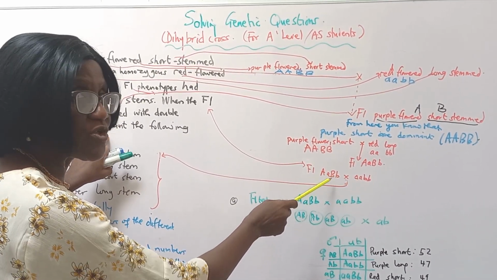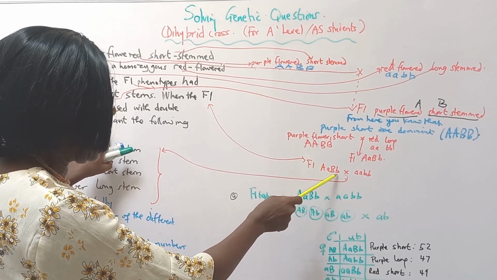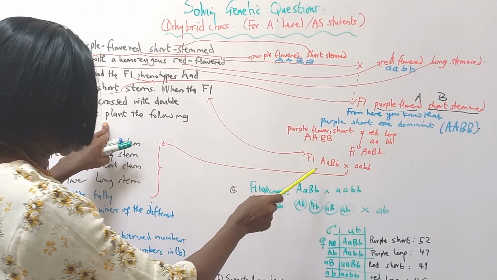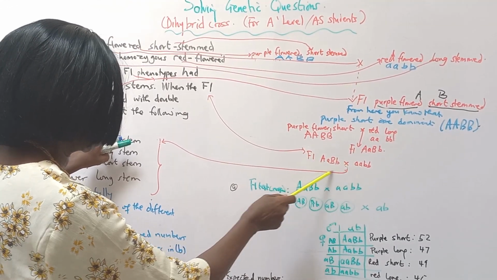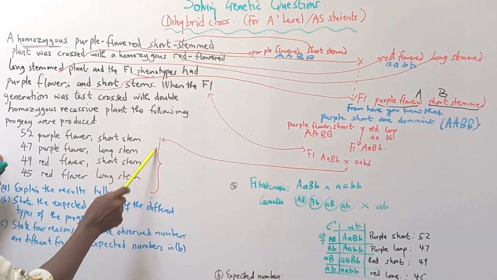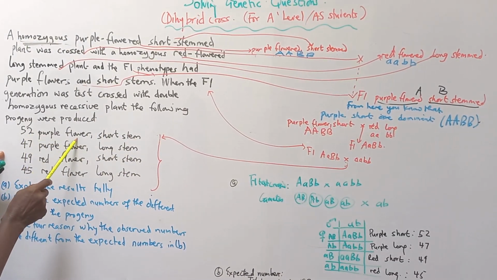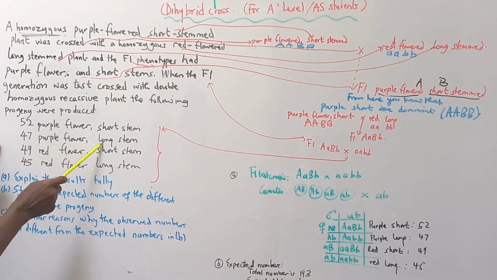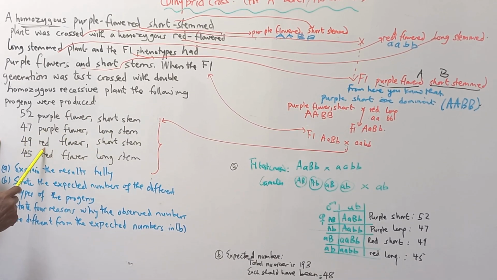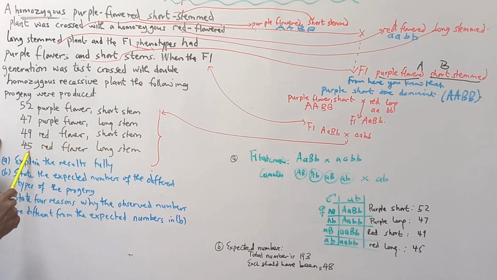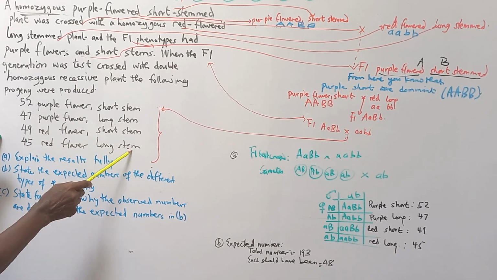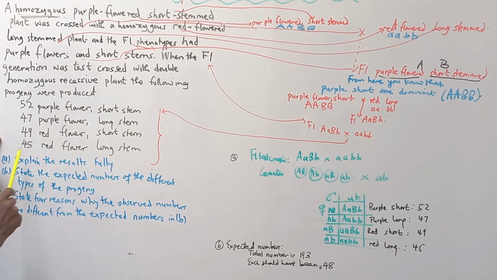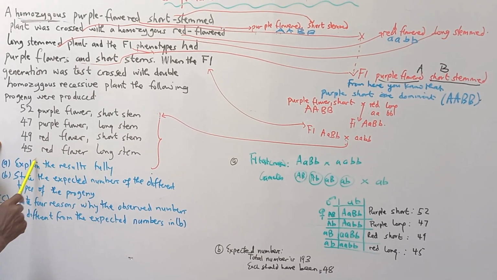That is a test cross for dihybrid inheritance. And when this cross was done, these were the progeny: 52 purple flower short stem, 47 purple flower long stem, 49 red flower short stem, 45 red flower long stem. This was the progeny. And we are supposed to explain the results fully.